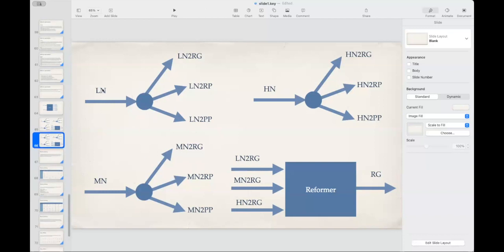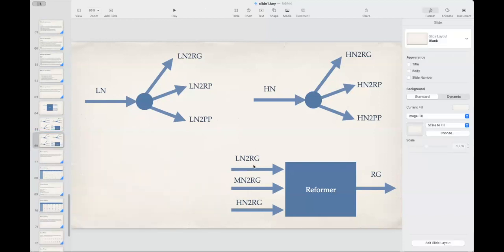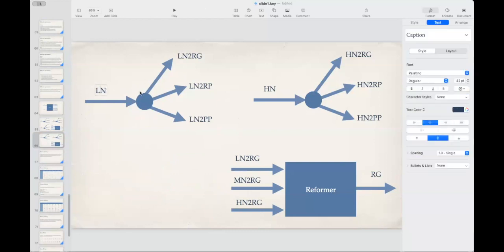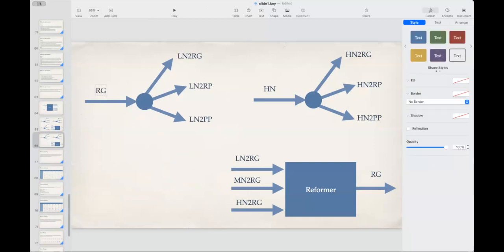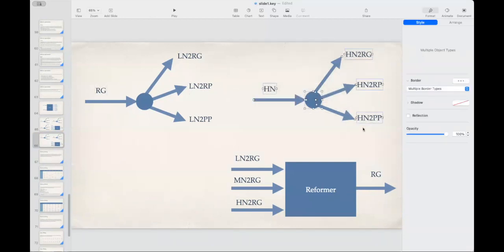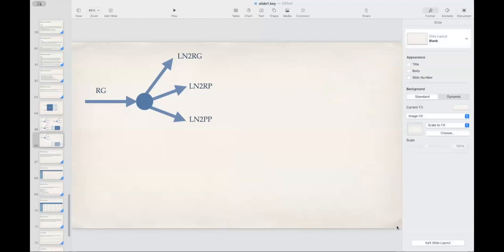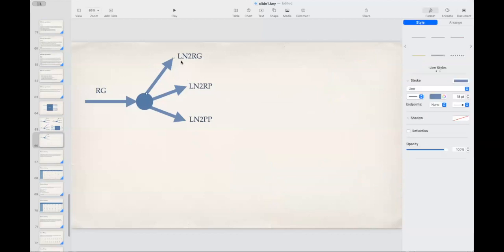Okay, now we start from what? Maybe RG. We follow the gasoline first. For the reformed gasoline we produce, reformed gasoline can go any place.